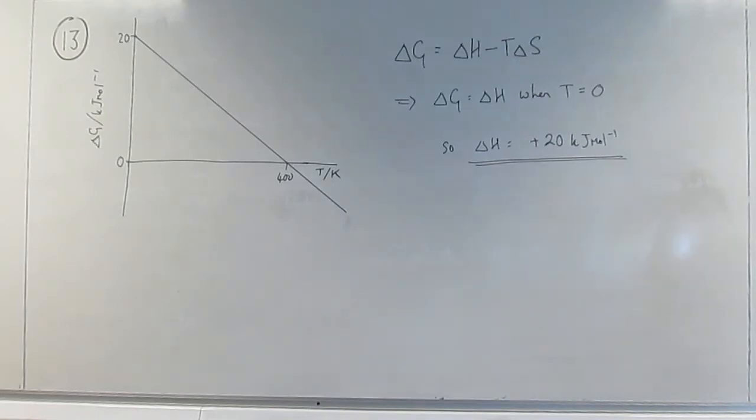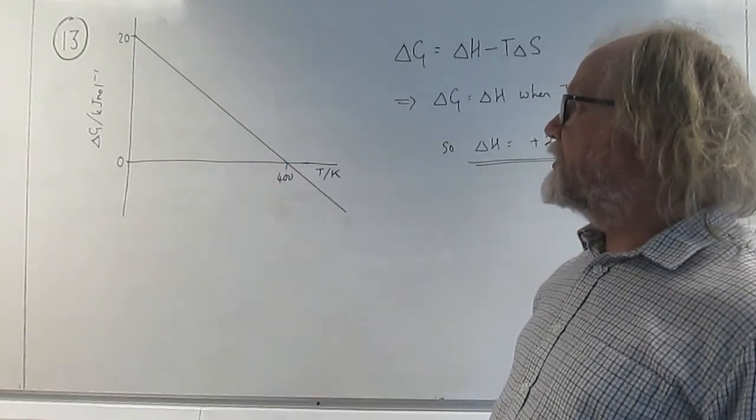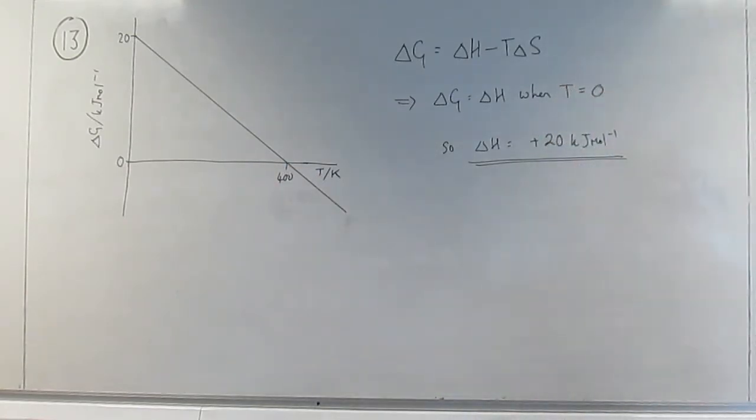And then it wants us to estimate the entropy change. So there are different ways that you could do that. You could in principle choose any temperature and figure it out, but the easiest one is at this temperature where delta G is 0.